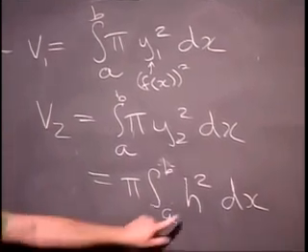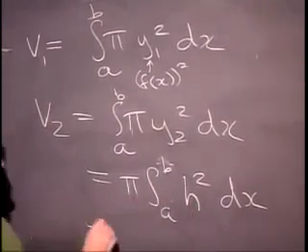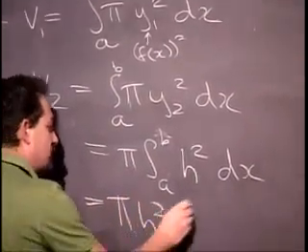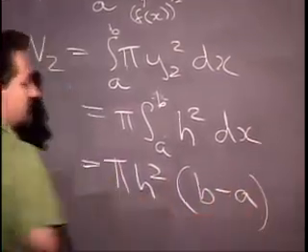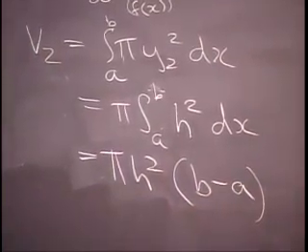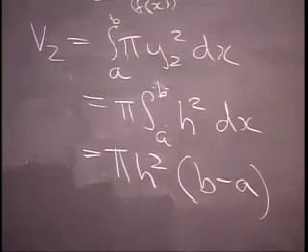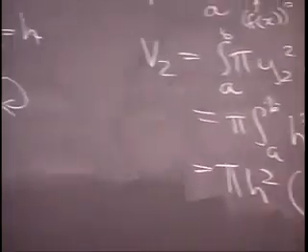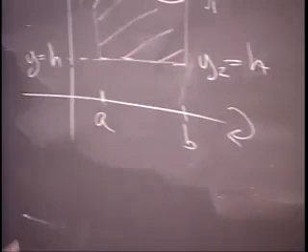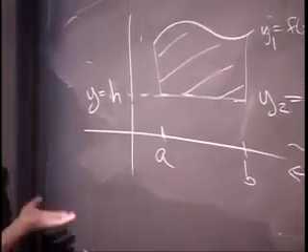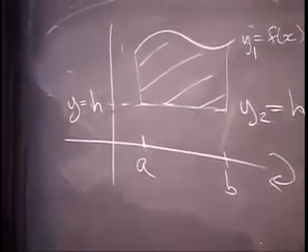And of course, h being a constant means you can pull it out and get pi h squared, and the integral will work out to be b minus a. But you don't need to learn that. You just need to remember the idea that if the bottom thing is a line, treat that as the bottom curve. It's not a curve, it's a line, but a line is a curve. So it is a curve.